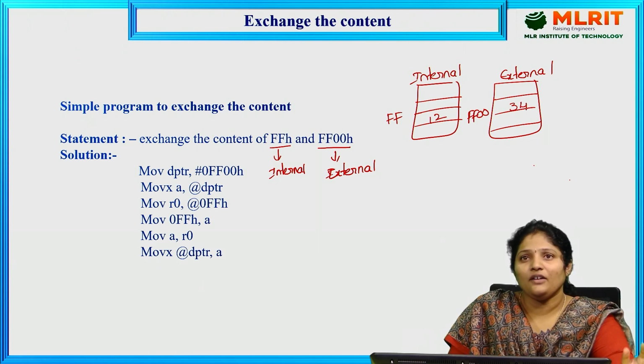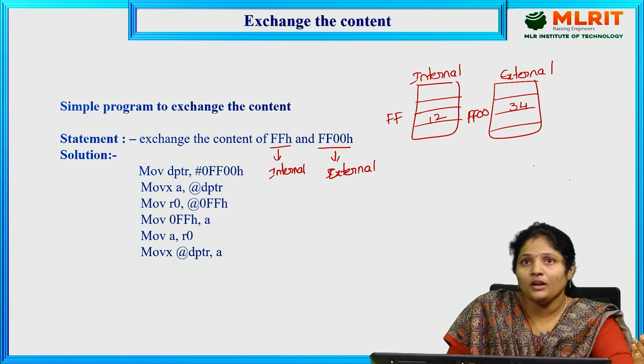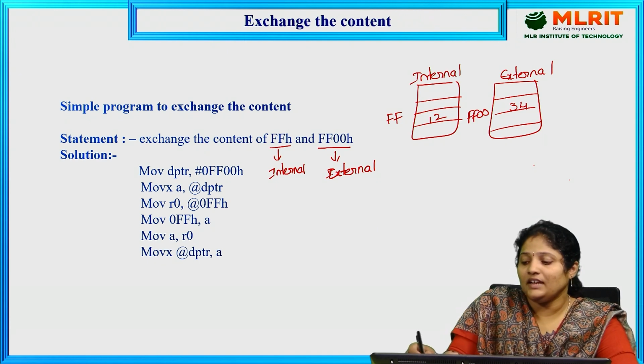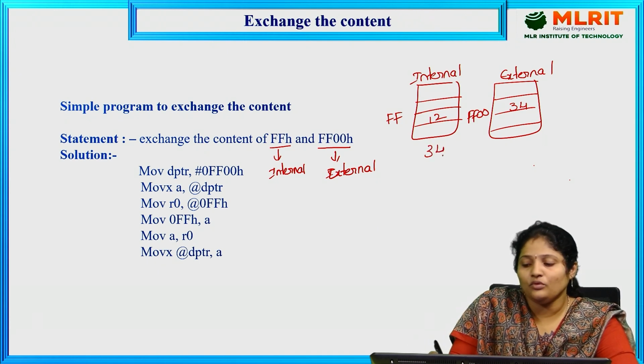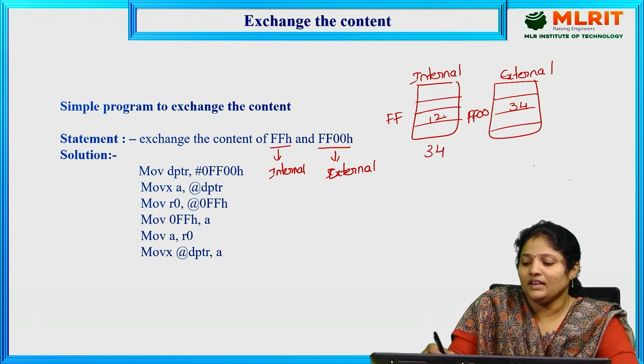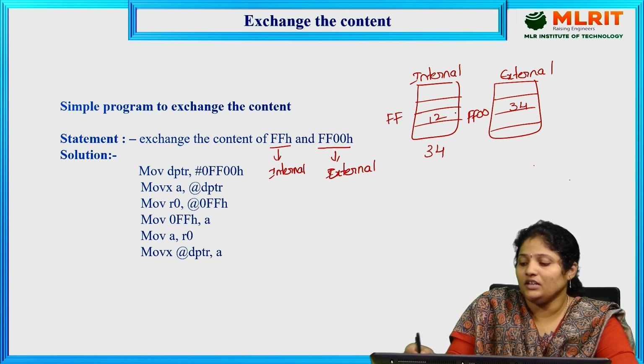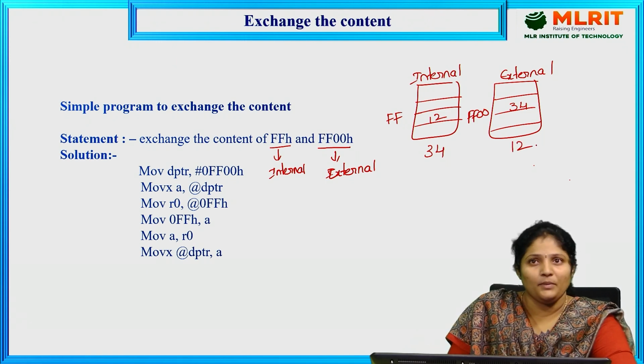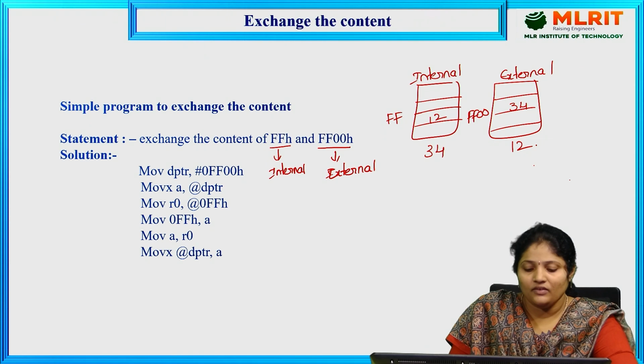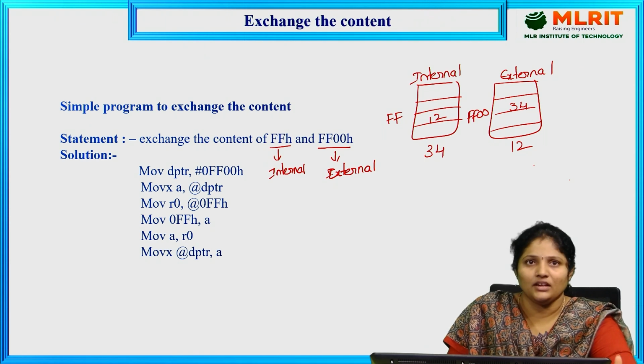So now after executing this program, our motive is that the data 34 needs to be moved to the FF location, and the data present in FF location needs to be moved to the external memory location. Let us see whether we can interchange or exchange that, right?